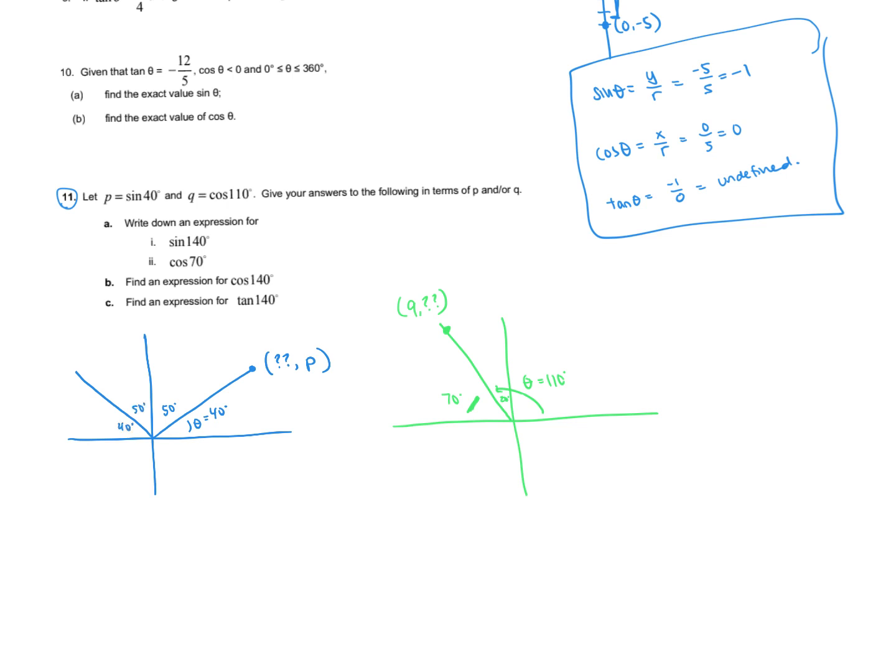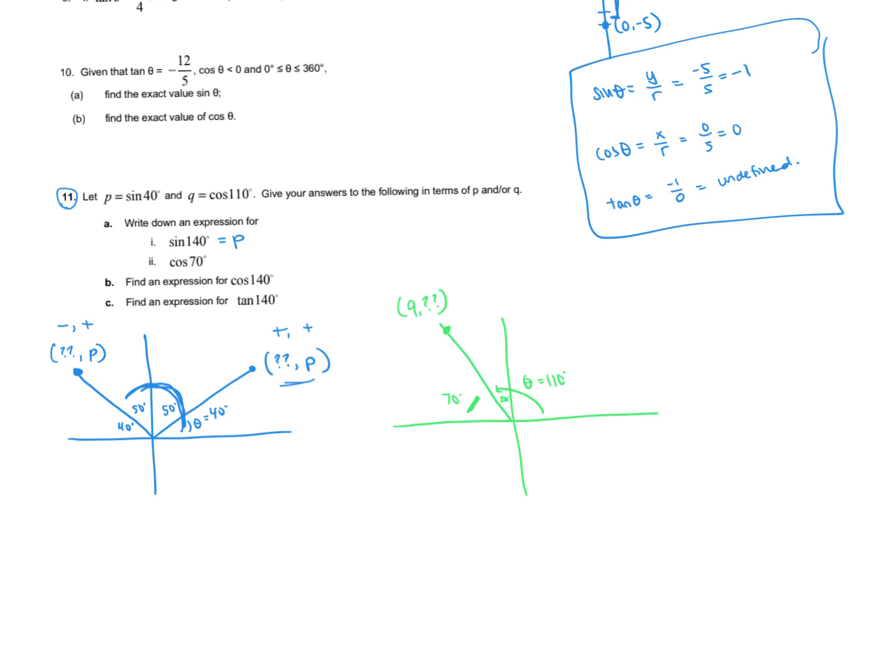Okay, 140 is this part, okay? So these are going to be symmetric. They're going to have the same x and y value, just the signs may change. In this quadrant, both x and y are positive. In this quadrant, x is negative, y is positive. So actually, over here, to have sine of 140, our y value is going to be the exact same. It's going to be P.